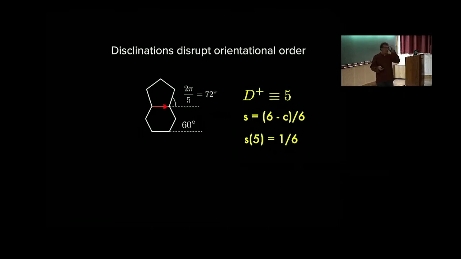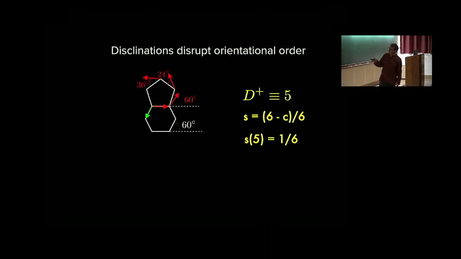Disclinations. For example, we put in a point that has five-fold order in an otherwise six-fold coordinated system. If we parallel transport around such a defect, shown here, you think you're in a regular background, so you want to turn 60 degrees, but you have a mismatch of 12 degrees because the angle of the pentagon is 72 degrees. So you have a 12-degree mismatch, turn again, 24, 36, 48.